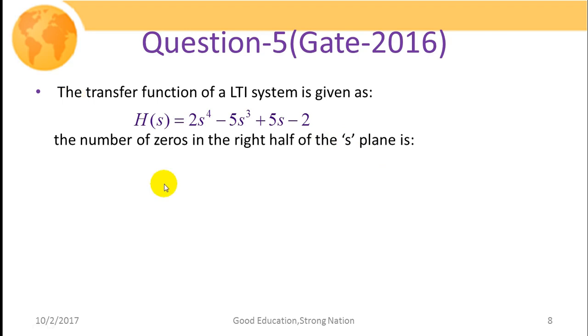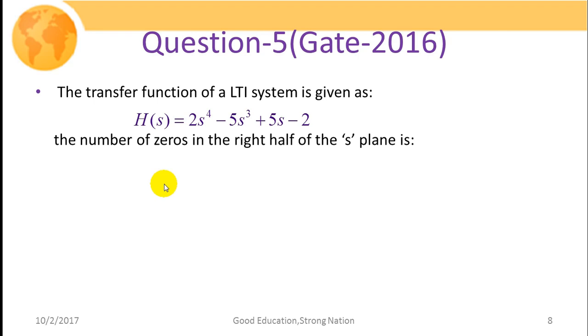Please understand that in this particular question it is asking about the number of zeros in the right half of the s plane. We had already mentioned that if the transfer function is known to you, then the roots of the denominator polynomial give us the positioning of poles, whereas the roots of the numerator polynomial will give us the position of zeros.